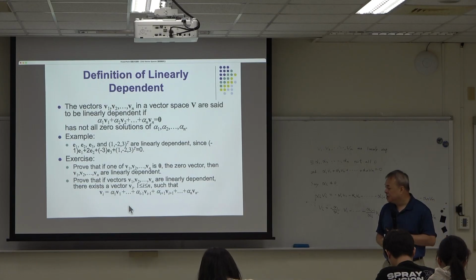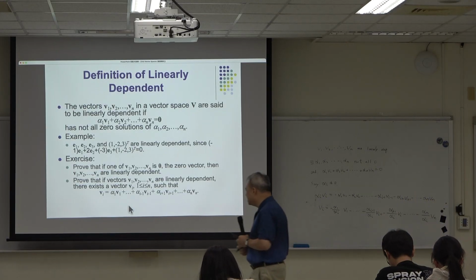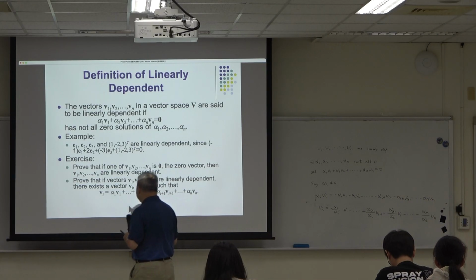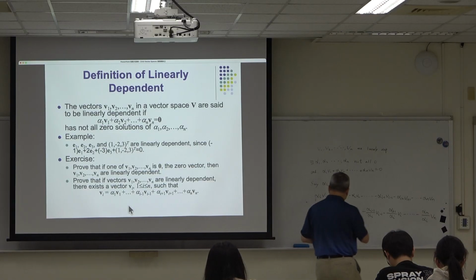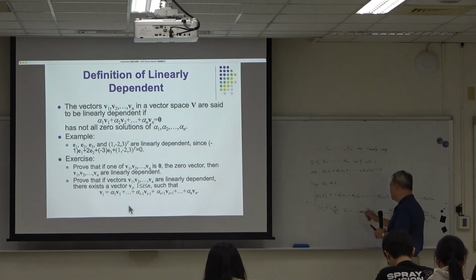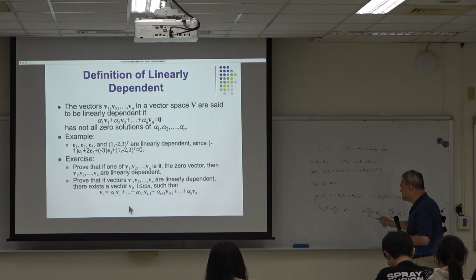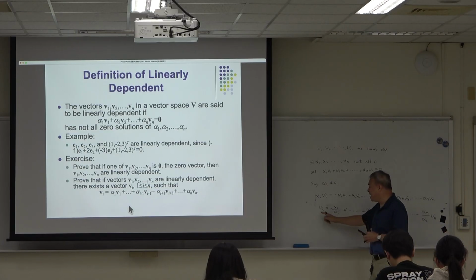So we can find these terms that linearly combine the rest of the vectors to form vi.